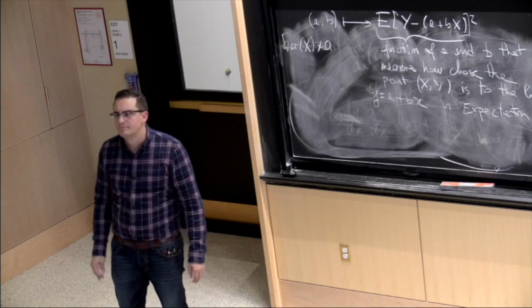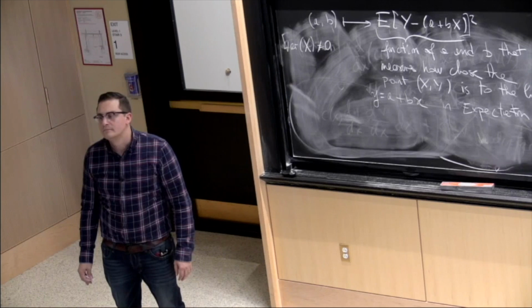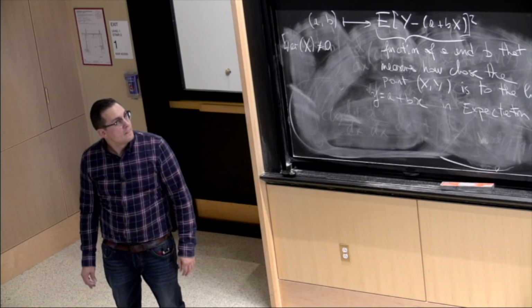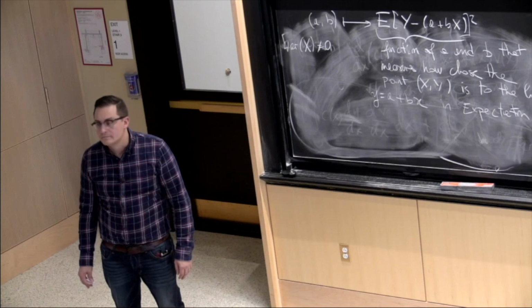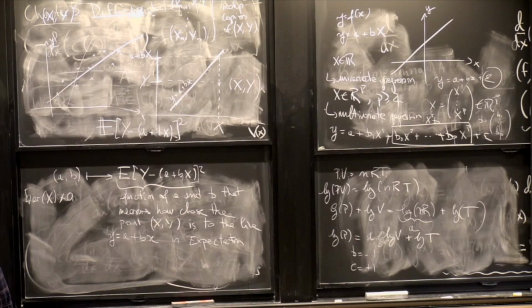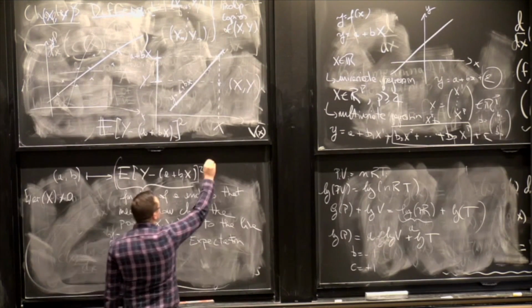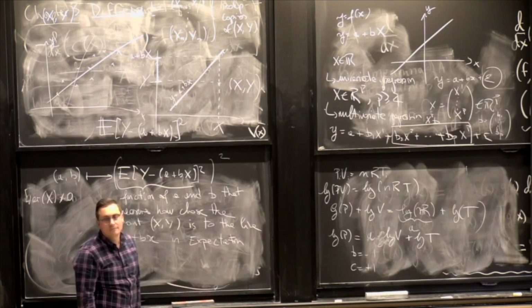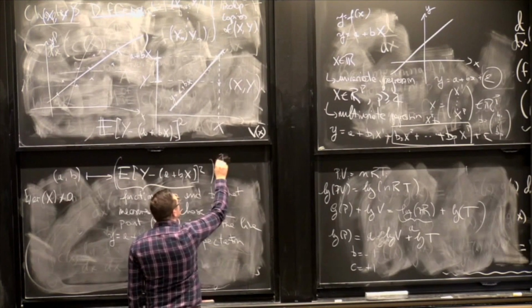Yeah. I have an unrelated question. On the slide, you have y minus a minus bx quantity squared, expectation of that, and here you've written the square of the expectation. No, here I've actually written the expectation of the square. If I wanted to write the square of the expectation, I would just do this. So let's just make it clear.